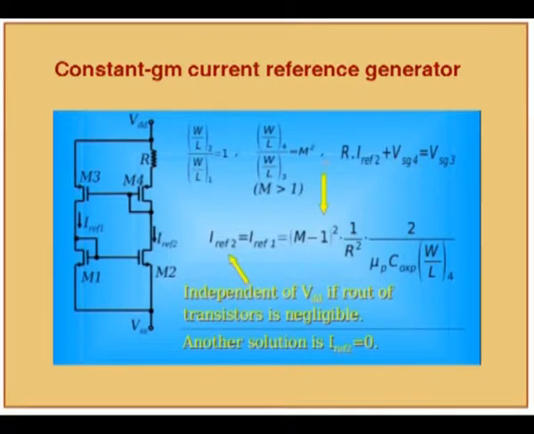So if you replace for I, you will have one equation which determines value of IREF, which is IREF1 or IREF2 equal to IREF, versus these parameters, aspect ratio of transistors, value of R. Now suppose we have same aspect ratio for NMOS transistors, so aspect ratio of M2 to M1 is 1, and aspect ratio of M4 to M3 is M square, and M is greater than 1. So can you tell me why M should be greater than 1?